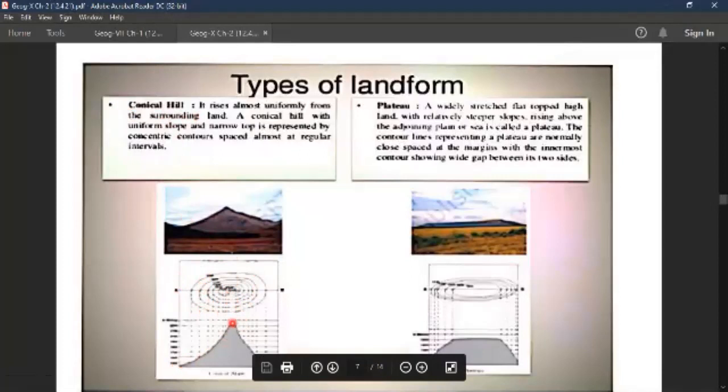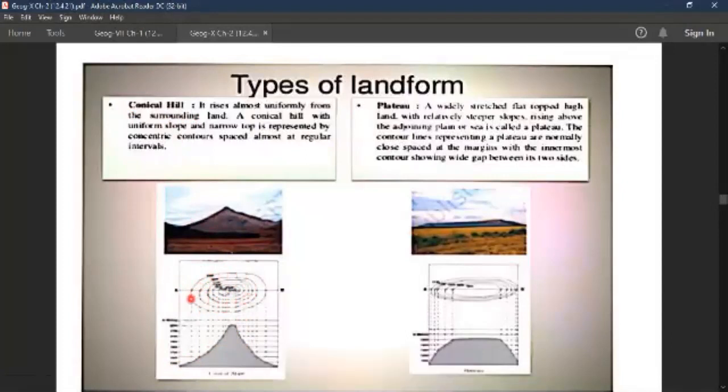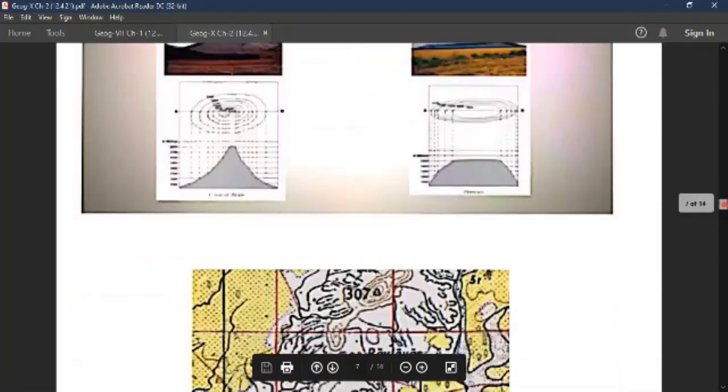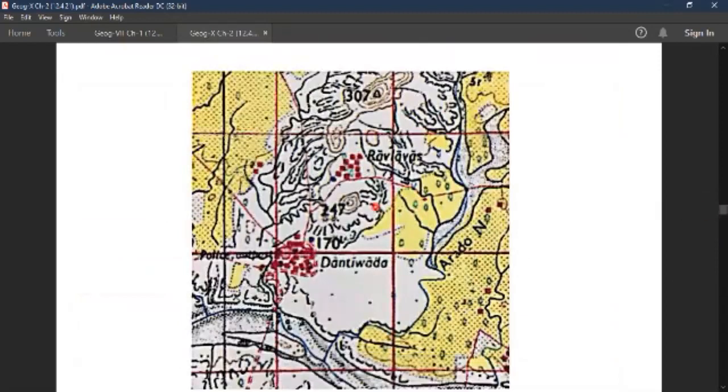As you can see, this is a conical hill and these are the contour lines, basically forming concentric circles. On the topo sheet, as you can notice here, this is a conical hill being represented.